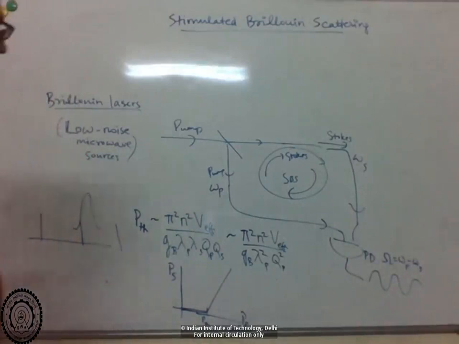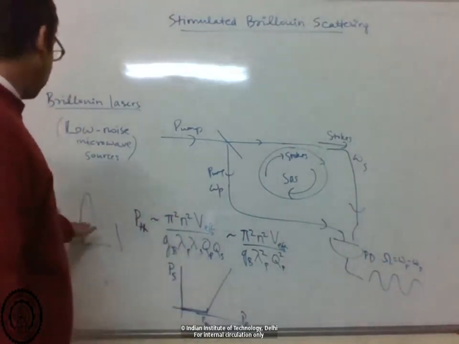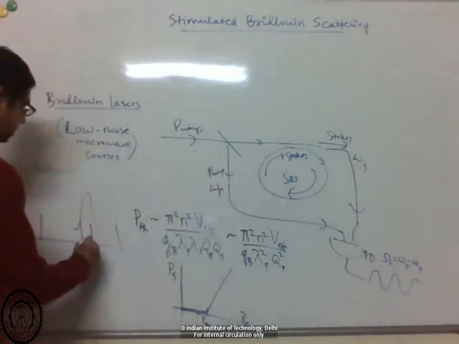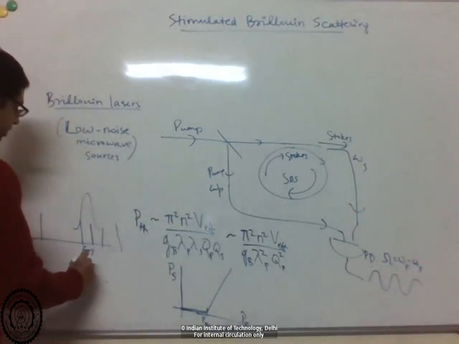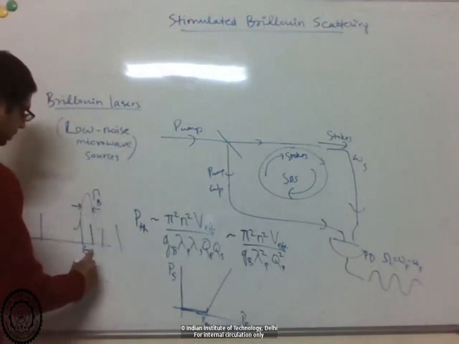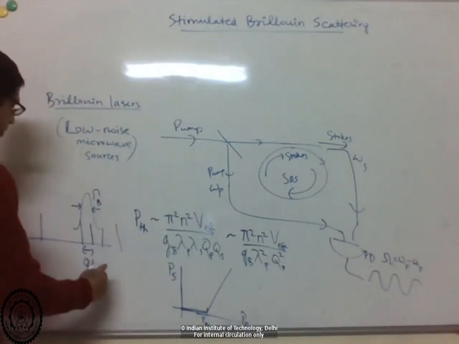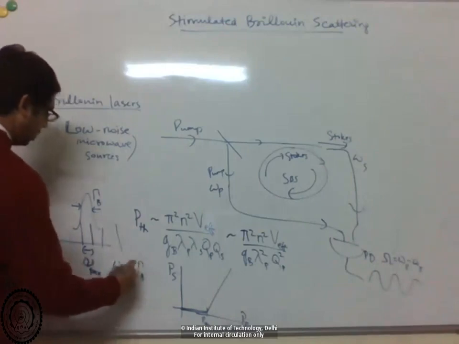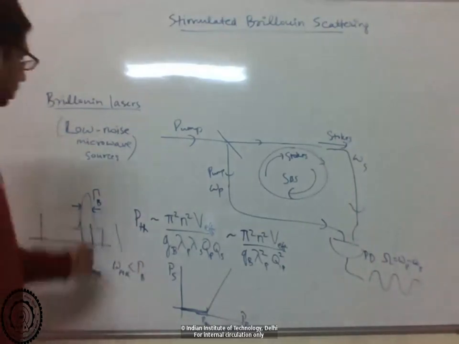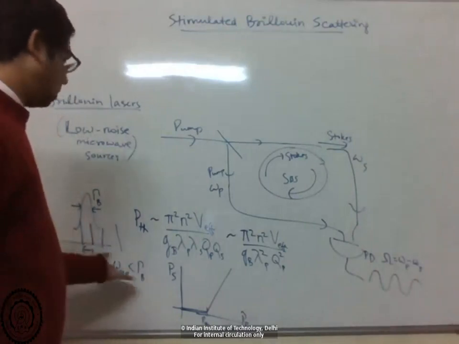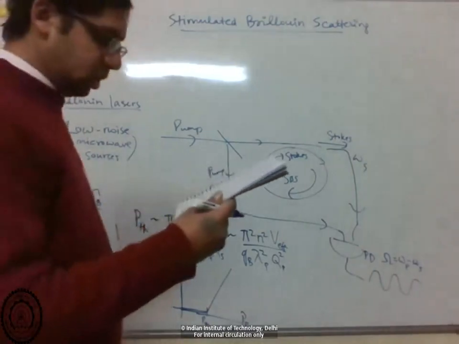Recall for the Raman case, we had the same issue, and one way to do it was to make the cavity big enough such that the FSR, this is the Brillouin line width, this is the cavity FSR, is smaller than the Brillouin line width. Then I ensure that my Stokes mode is within the range.